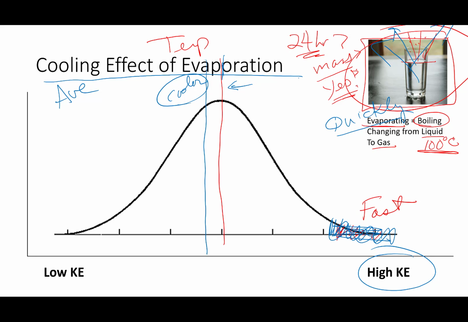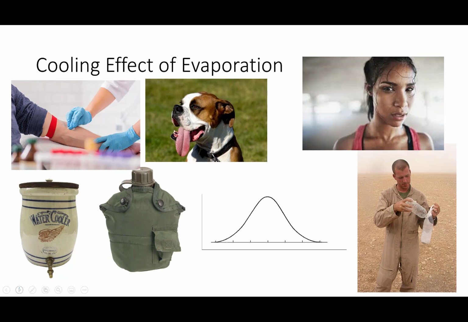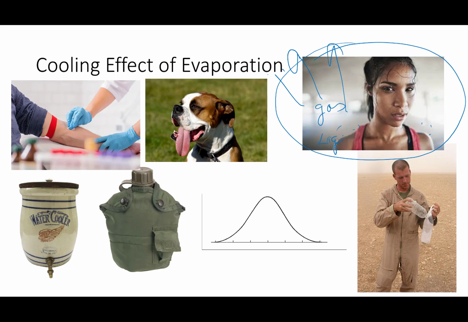And the cooling effect of evaporation is something that you see all the time. This is how the human body cools itself. You perspire when you exercise. The body's beautiful cooling system: water evaporates off your skin, which means it goes from a liquid to a gas, which means the molecules have enough kinetic energy and enough speed to vaporize, and the high kinetic energy molecules leave, and the overall average goes down, and it cools your body.